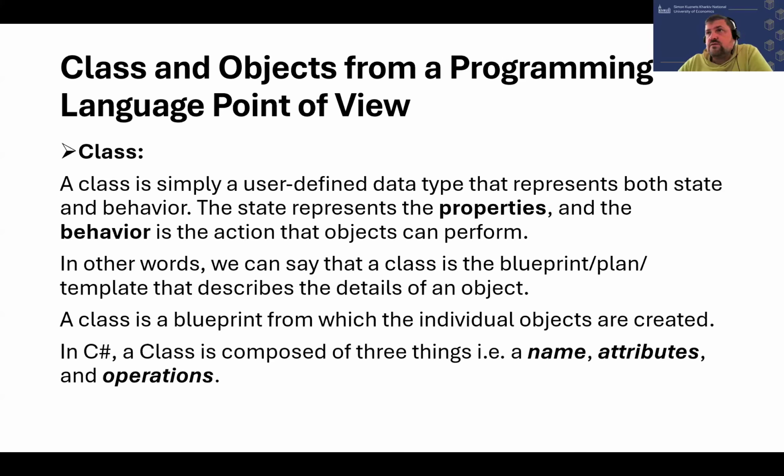In other words, we can say that a class is something like a blueprint, plan, or template. You can name it with another word that describes the details of the real object. So a class is a blueprint. A real object is a building made with this blueprint.